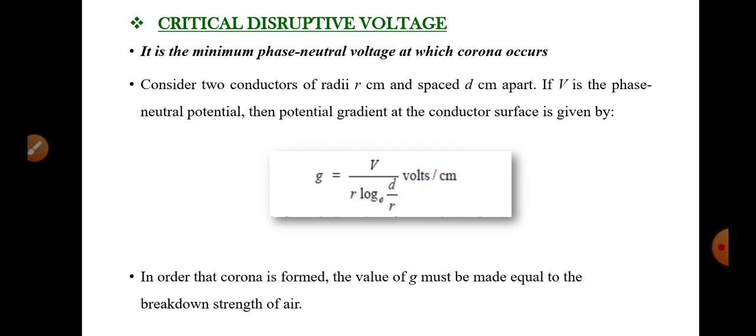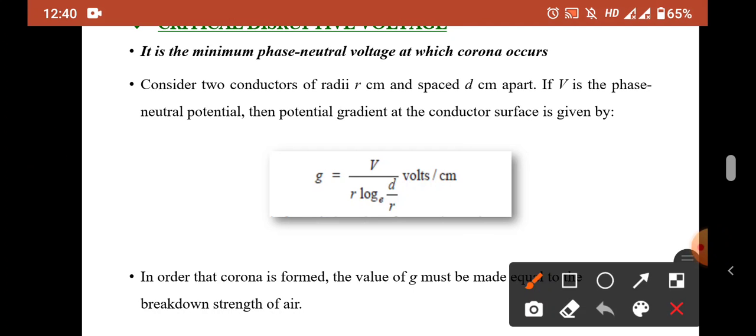volt per centimeter. So to form corona, this potential gradient G should be equal to the breakdown strength of the air. Then only corona will form.